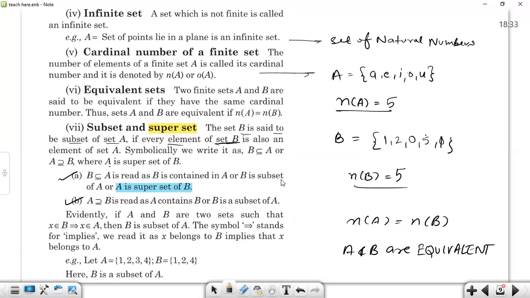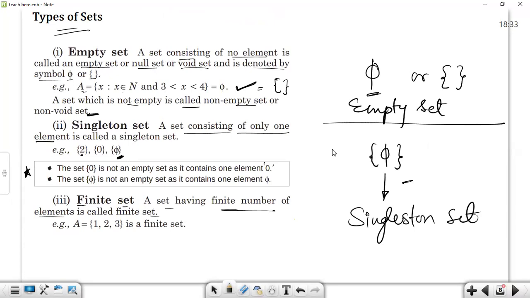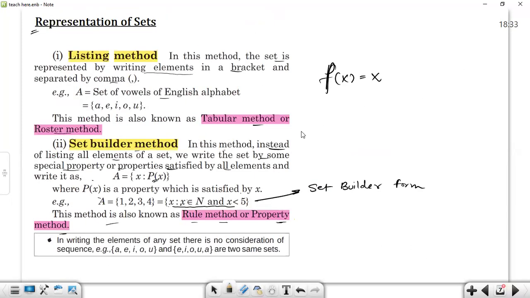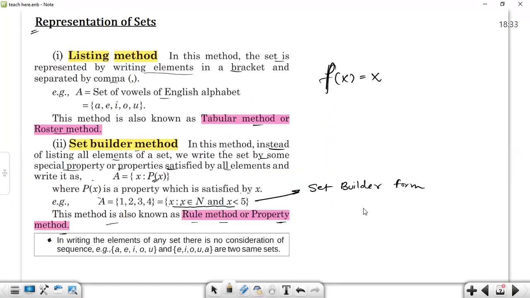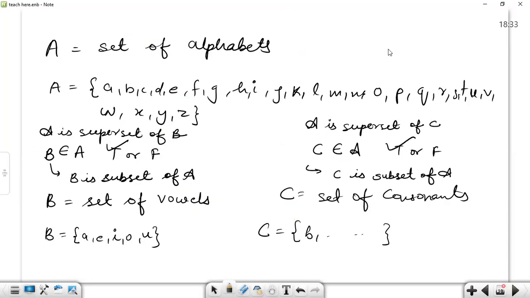Got it? For elements we used this particular symbol, because these are elements. Now for sets, we are going to use this symbol. So let's replace.